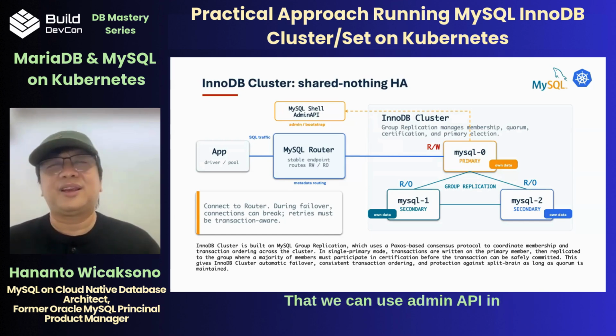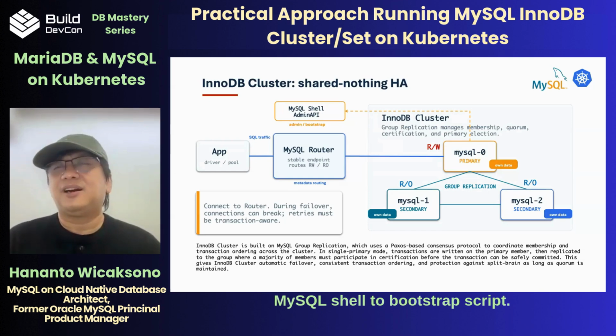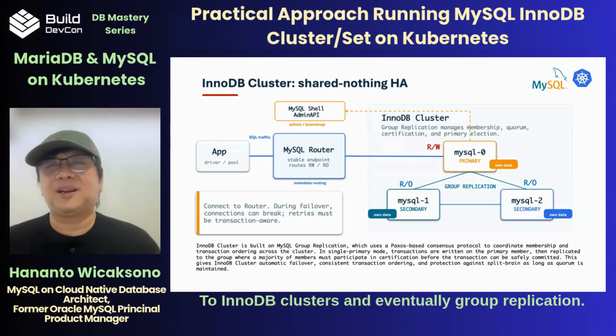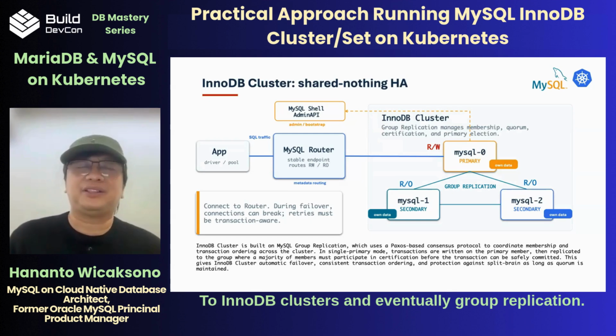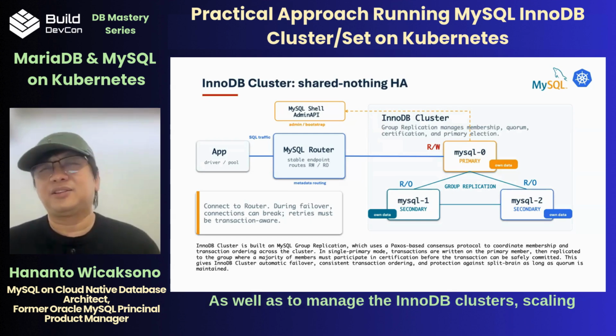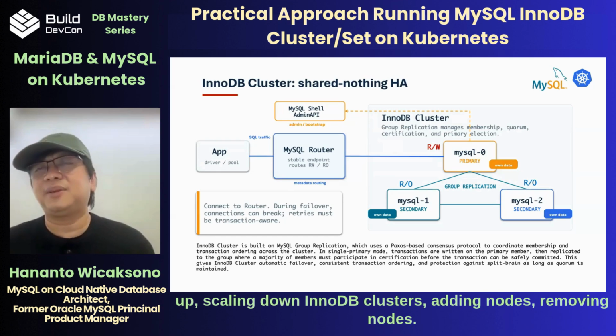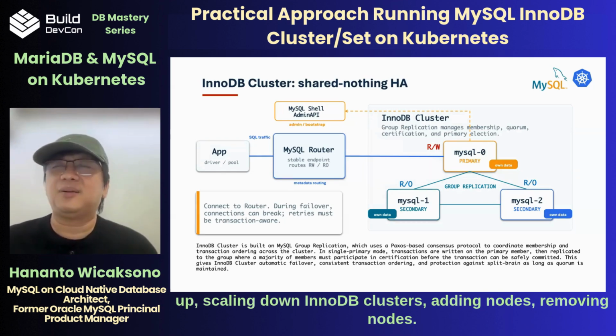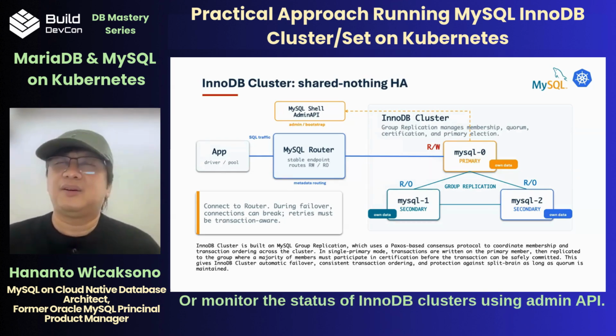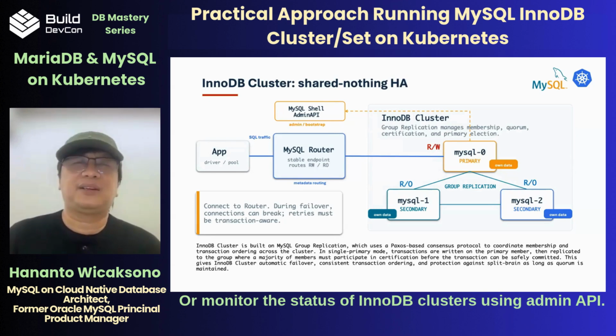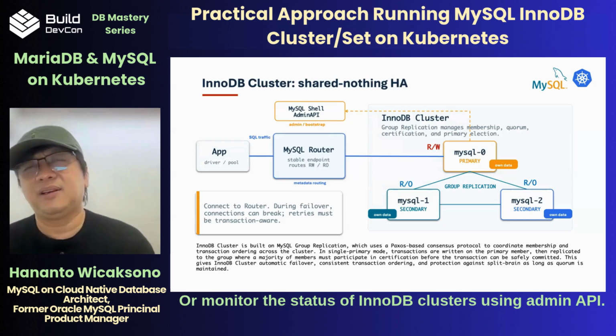We can use the AdminAPI in MySQL Shell to bootstrap the InnoDB cluster and eventually group replication, as well as to manage the InnoDB cluster: scaling up, scaling down, adding nodes, removing nodes, or monitoring the status of the InnoDB cluster using the AdminAPI.